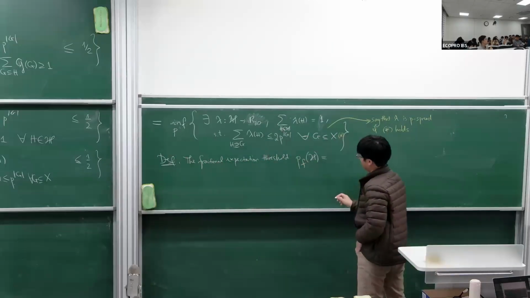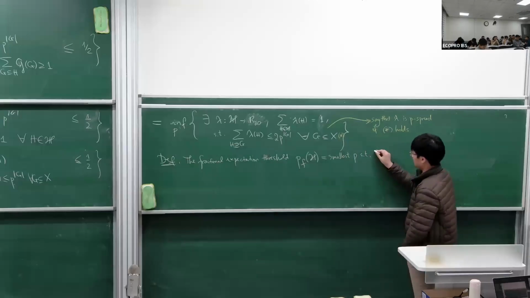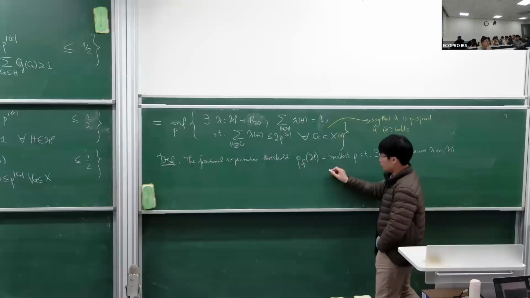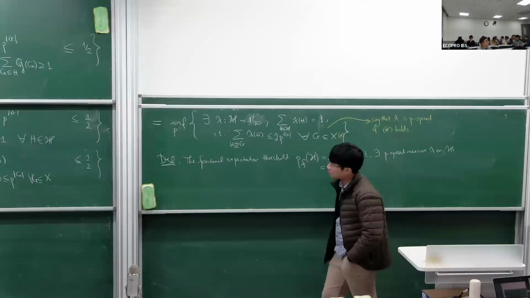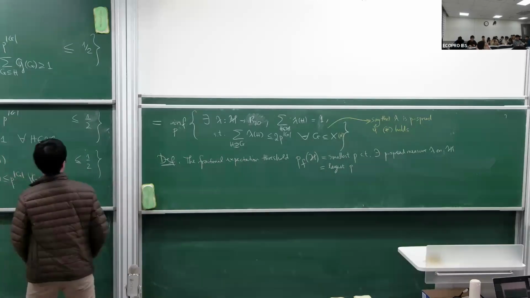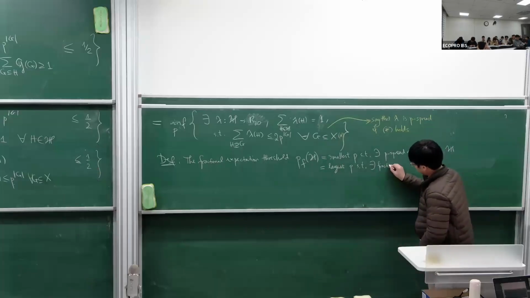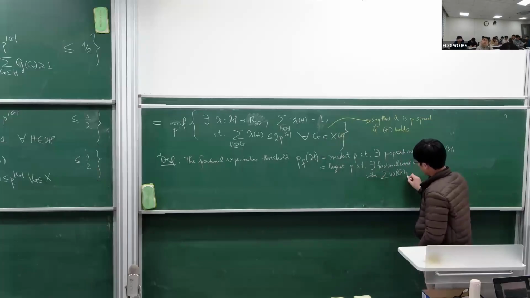So this is the smallest p such that there exists a p-spread measure lambda on H, or if you prefer, the largest p such that there exists a fractional cover W of H with this cost: the sum of W of G times p to the size of G, over G a subset of X, is at most 1.